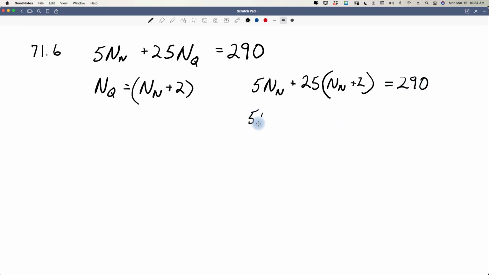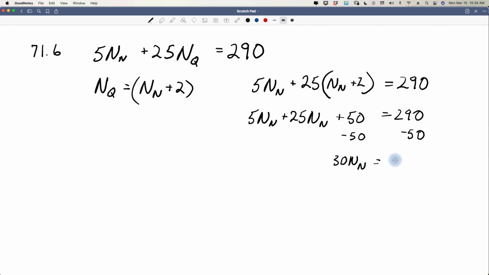So 5n plus, and let's do our distribution, so it's 25 times the number of nickels plus 25 times 2 is 50. We can subtract 50 from both sides, and then we'll combine these two to give us 30 times the number of nickels equals 240.